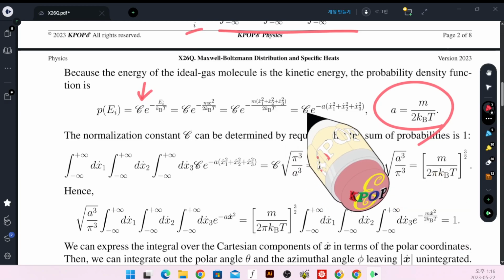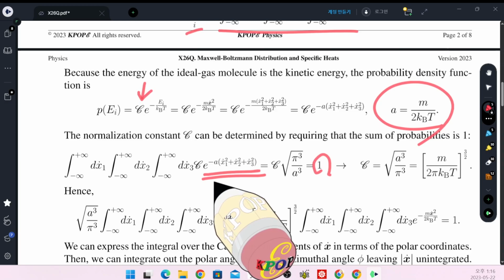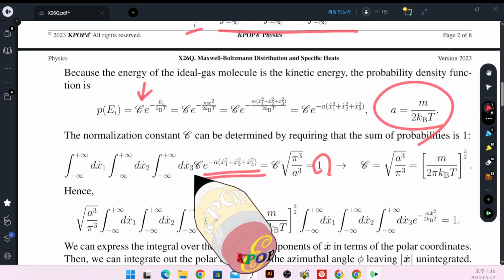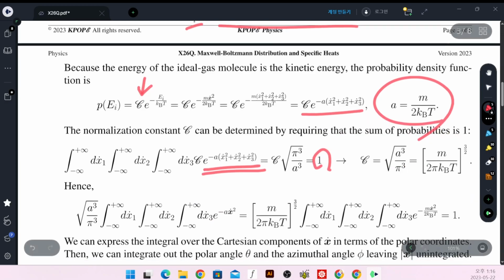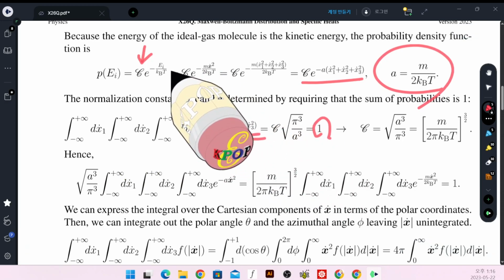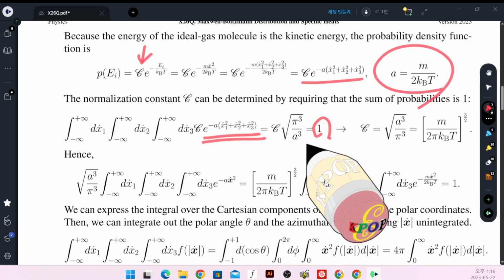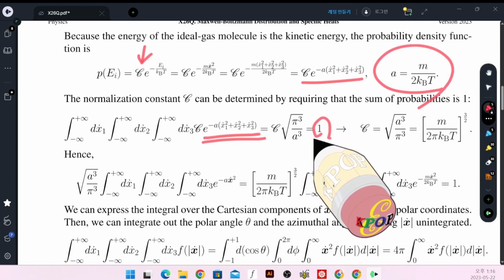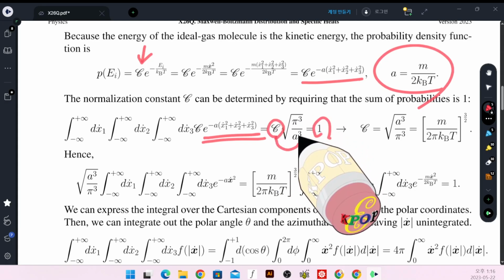First of all, we can think about the kinetic energy distribution. The distribution can be summed, and we know how to convert this in terms of a change of variable. The final result is C, the undetermined normalization factor, times the square root of pi over a, cubed. Finally, this C is completely determined as the reciprocal of this factor.